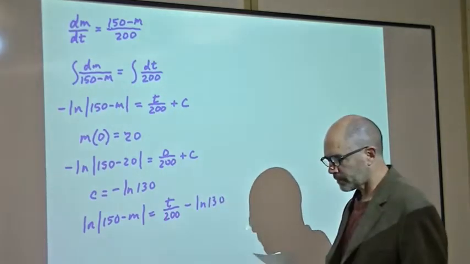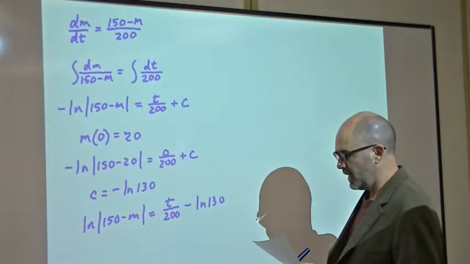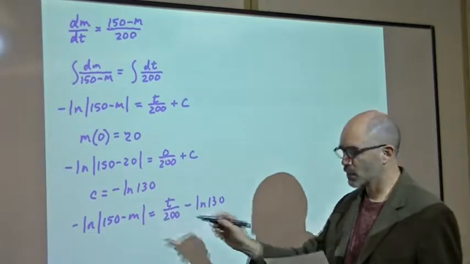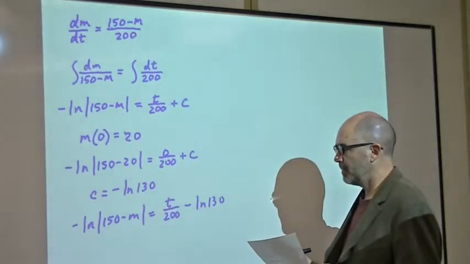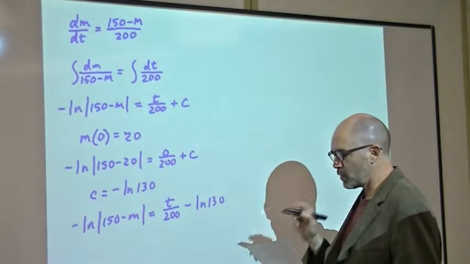All right, so now we're happy. So the negative natural log of 150 minus m is going to equal t over 200 minus natural log 130.